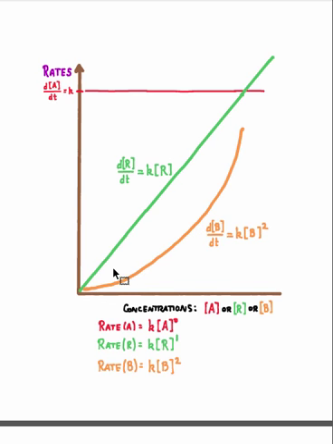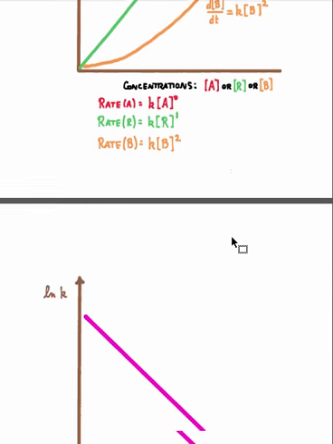And lastly, in the orange, the rate of change of B with respect to time is equal to some constant times the second order B concentration squared. You better think about that one for a while. See if you can ask your TA a good question, or myself.